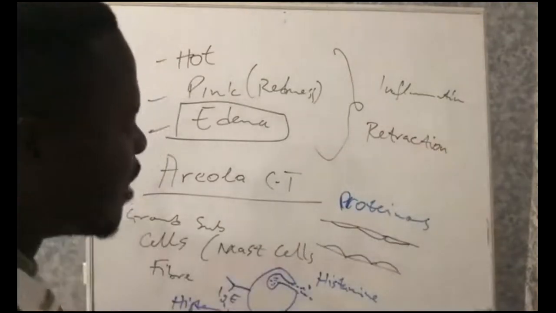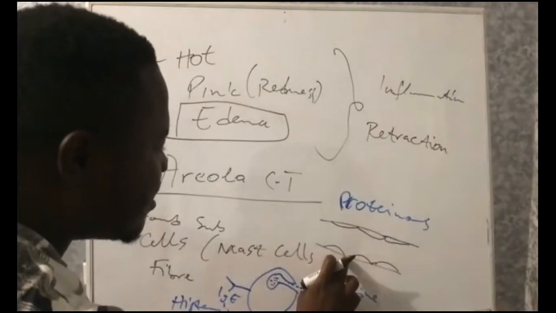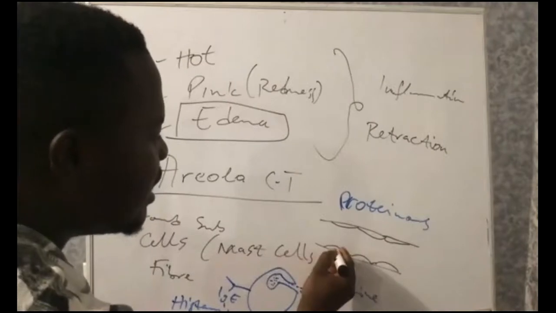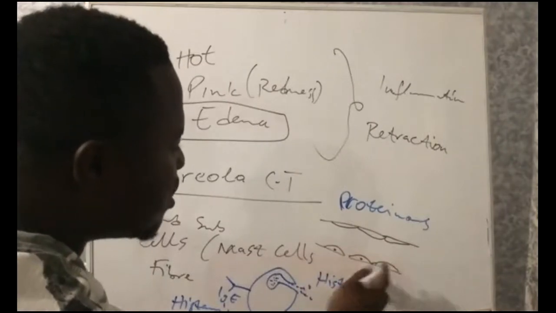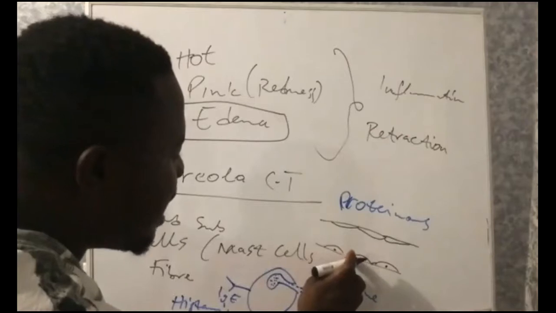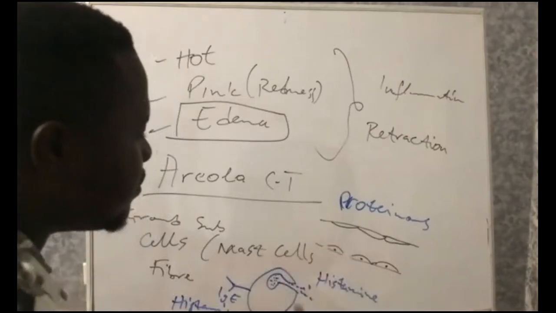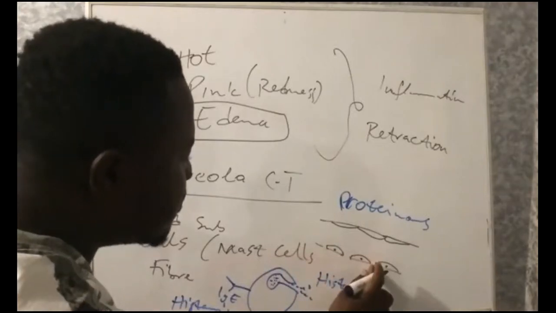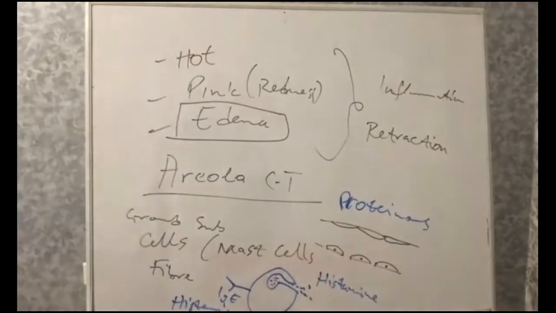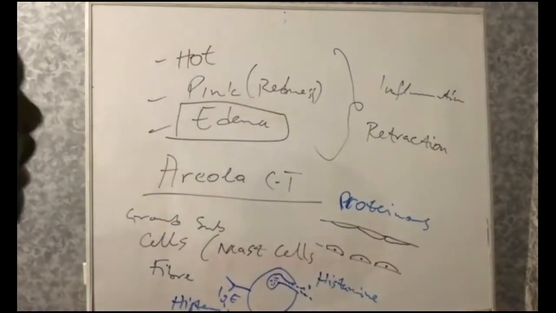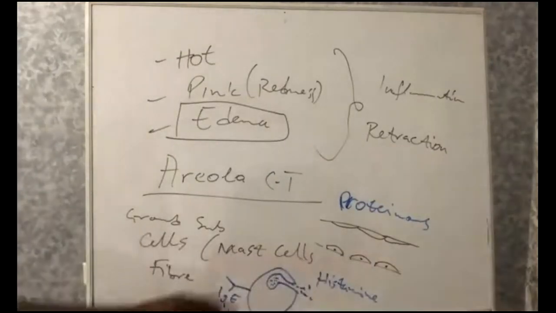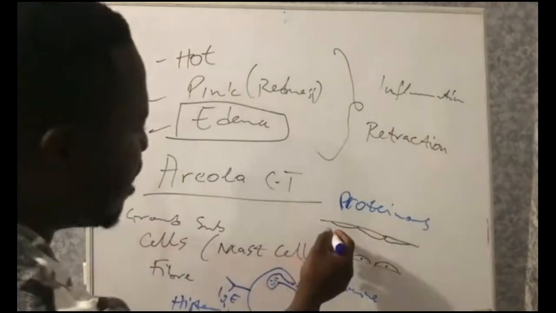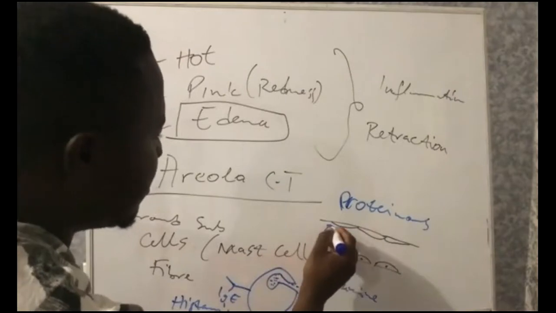In retraction, just the edges, which were first forming the tight junction between each and every endothelial cell, will move away a little, and then there will be some spaces between them. Why do you think there should be an increase in permeability? Remember I said that first histamine will come there, dilate the vessel, and probably some white blood cells will come here.